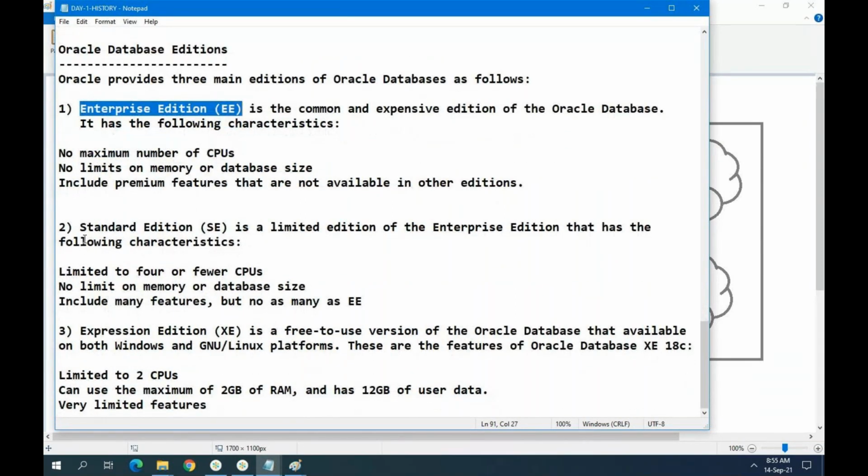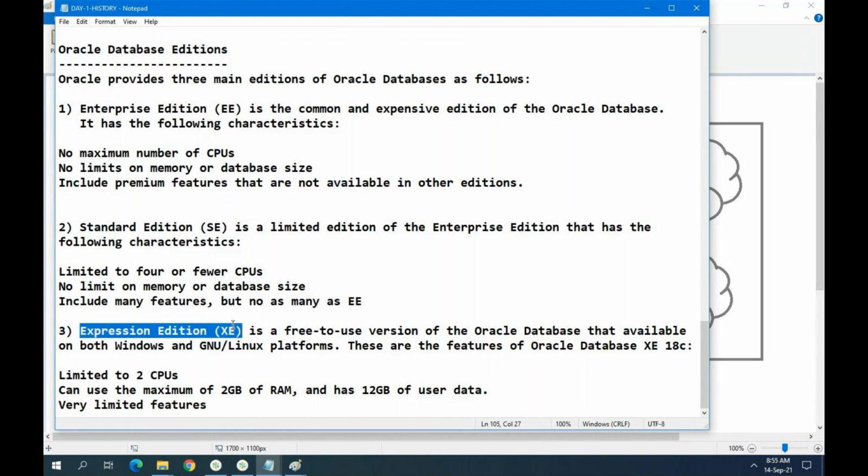Standard edition is suitable for medium range business. And express edition is only for practice purposes. Maximum, this edition supports only 2 CPUs. So practically we can work with express edition.